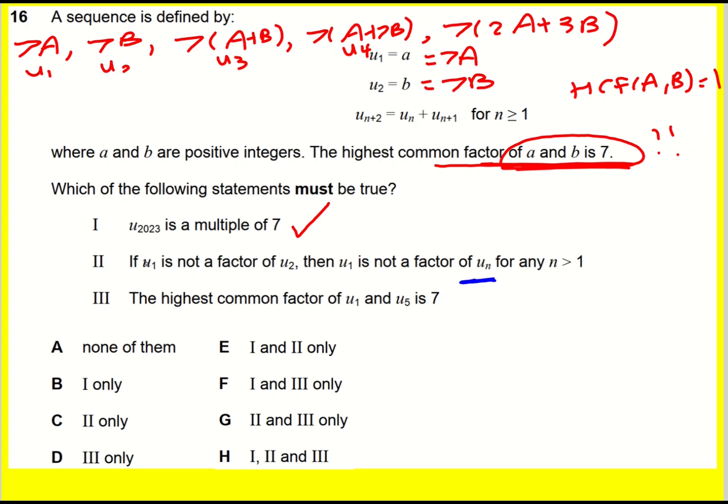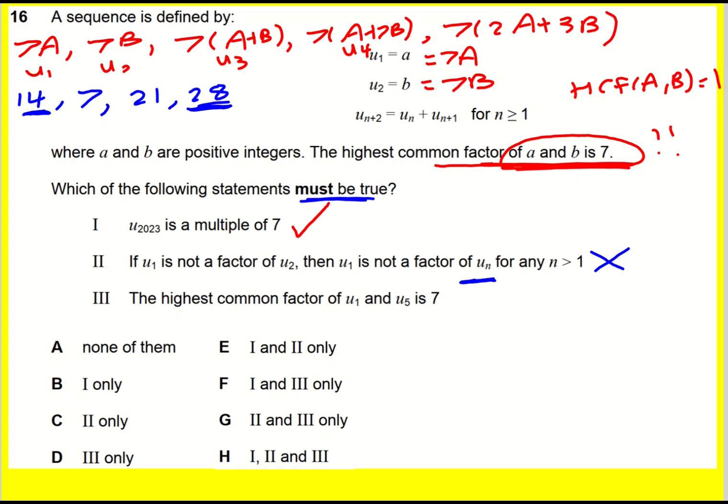We've just got to make sure that U1 is not a factor of U2. So why don't I make this one 14? I'll make it bigger, 14 and 7. That guarantees it. Then I would get 21, 28, and I'm already there. See, U4 is a factor of U1 for this example, which means this statement too is not necessarily true.